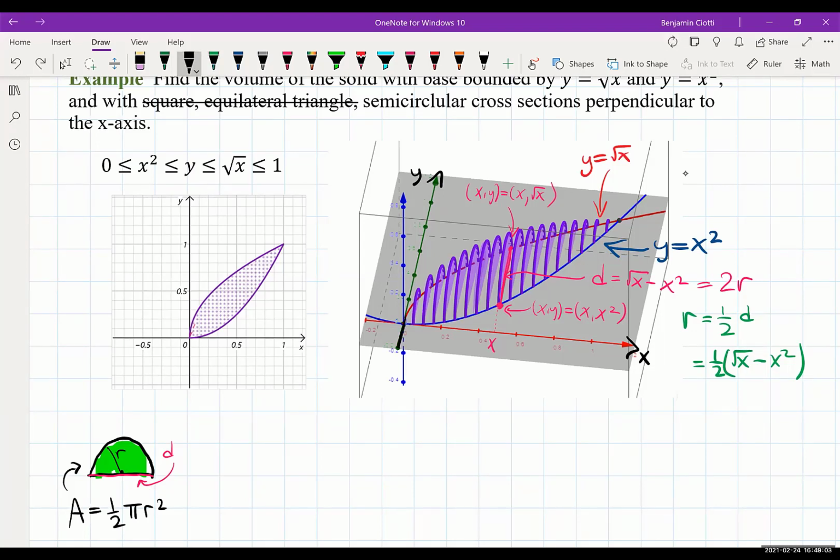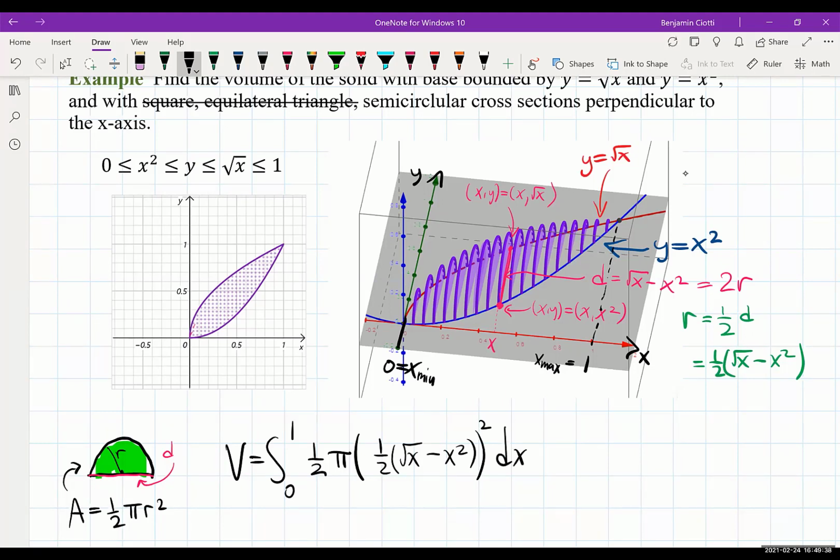Oh, I guess I'll need my minimum x value and my maximum x value. So my volume will be the integral from 0 to 1 of 1 half times pi times half the radius squared. Cool. And there we have it.